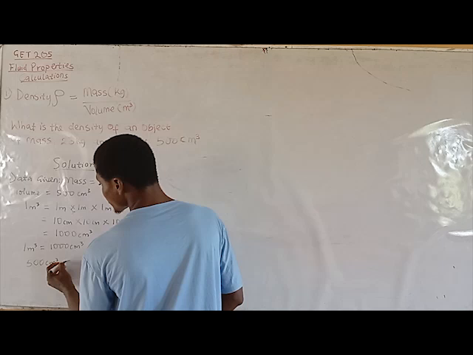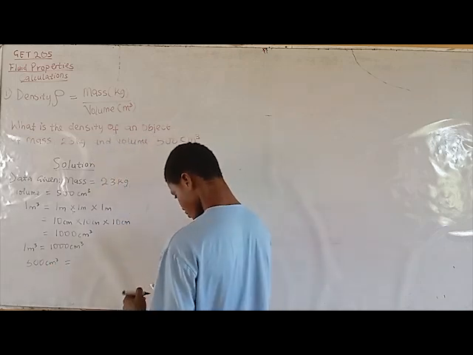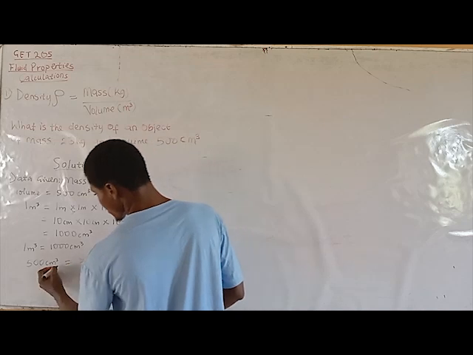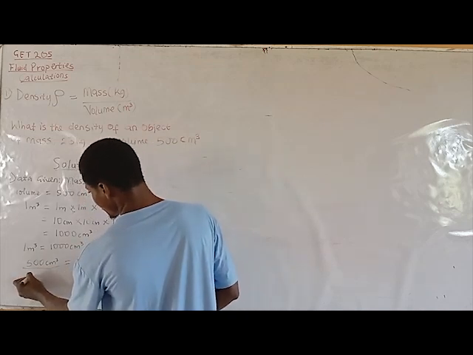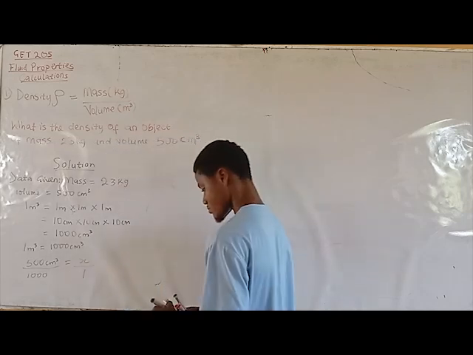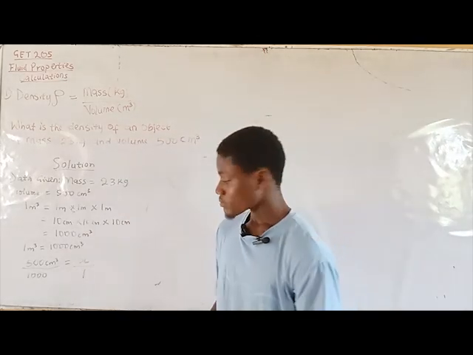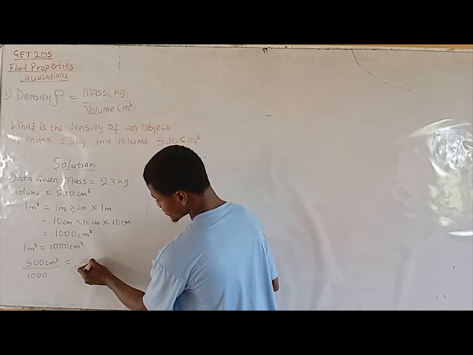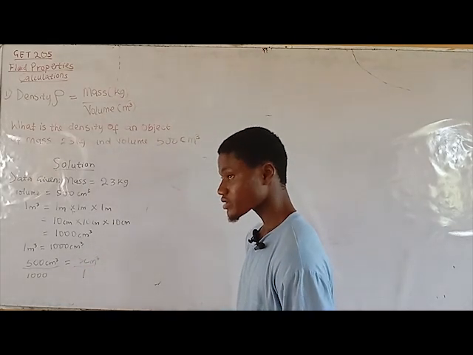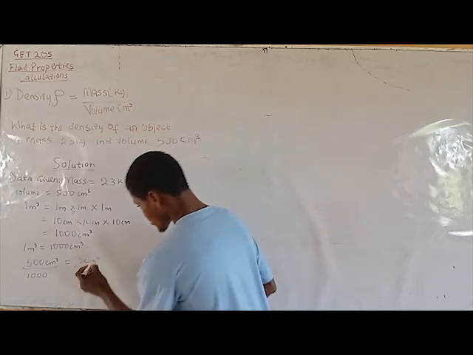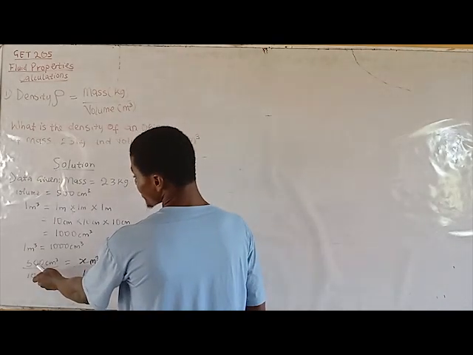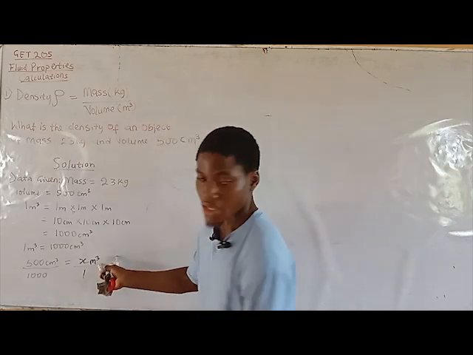So if that equals 1 meter cube, you now know that 500 centimeter cube will be equal to x meter cube.